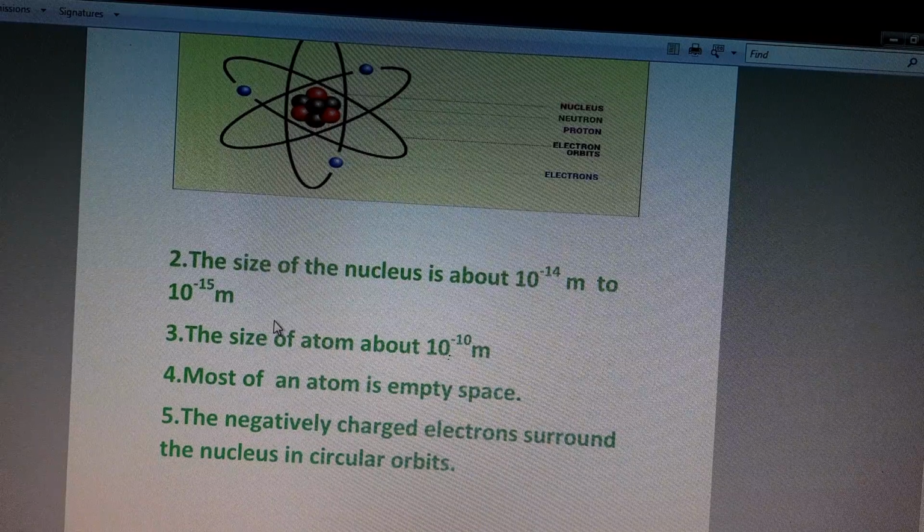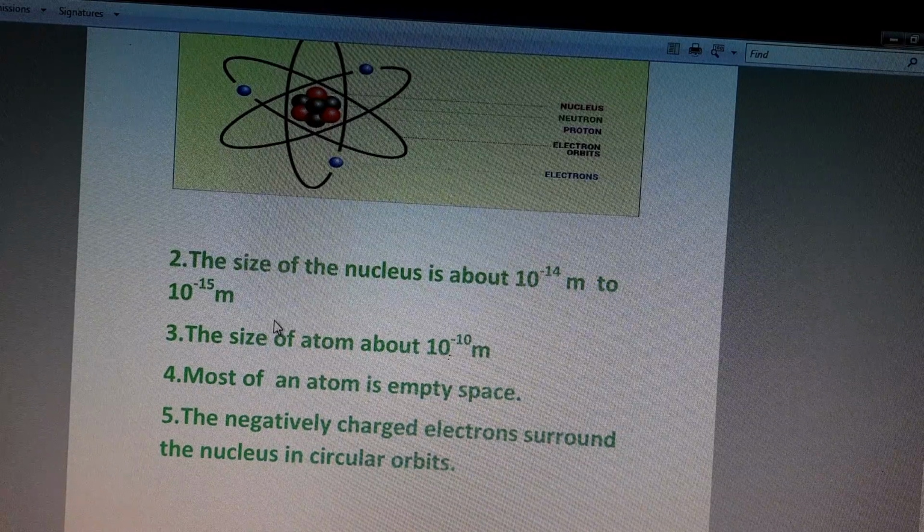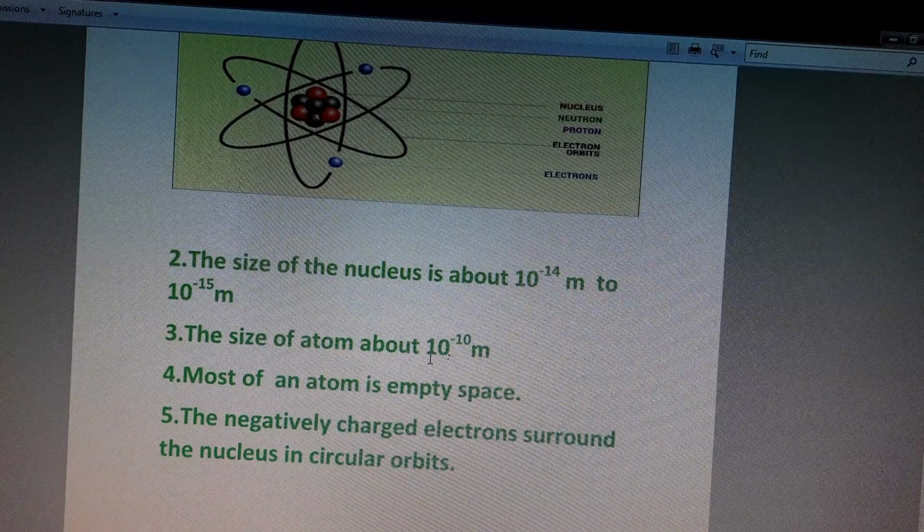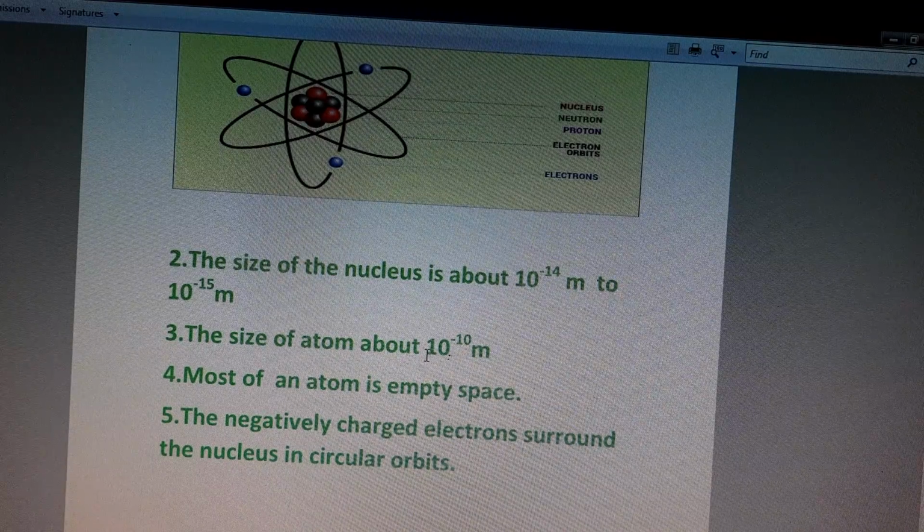The size of the atom is equal to 10 power minus 10 meters.